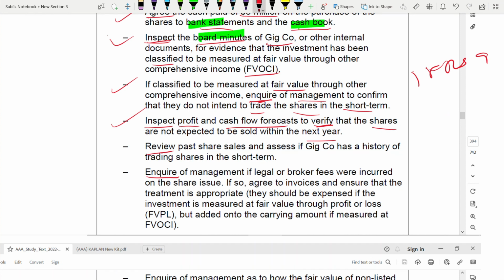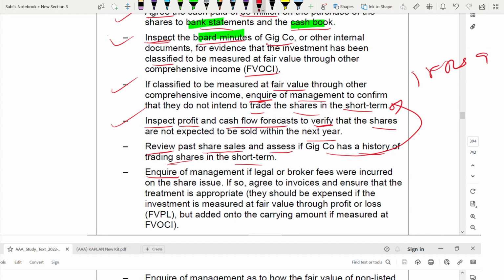What's next? You can check the past. Share is something for which you have a past. So review the past share sales and assess if they have a history of trading shares in the short term. You have to see whether they trade for short term from various angles. Here you are confirming from the manager that they're not trading for short term.